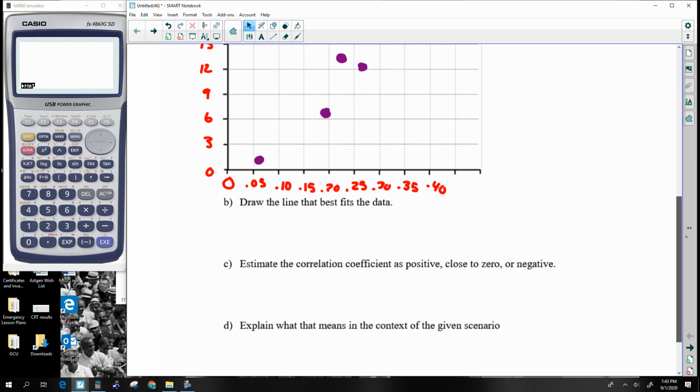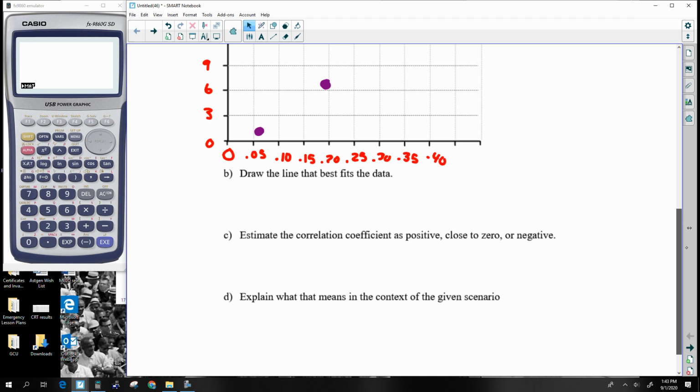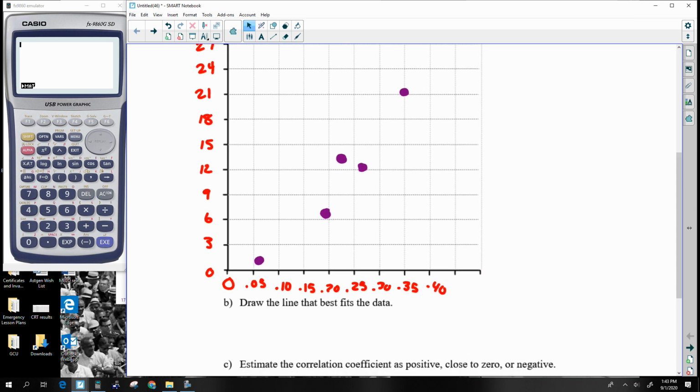So draw the line that best fits the data. To estimate the correlation coefficient, draw a line. Sorry, I didn't draw a line. So I need to draw a line that best fits the data. So, thinking something like that.